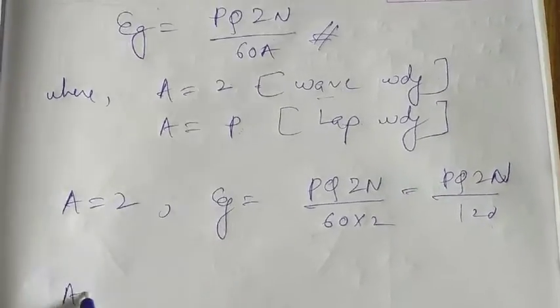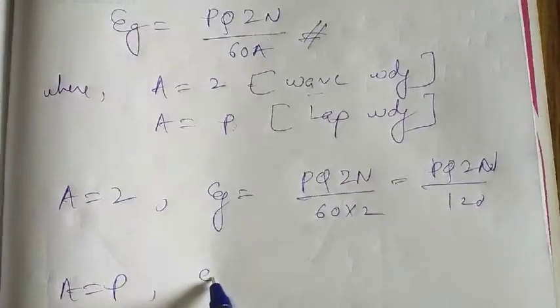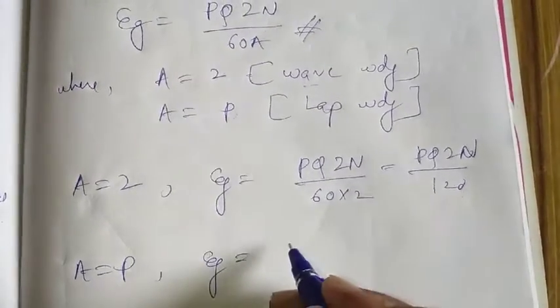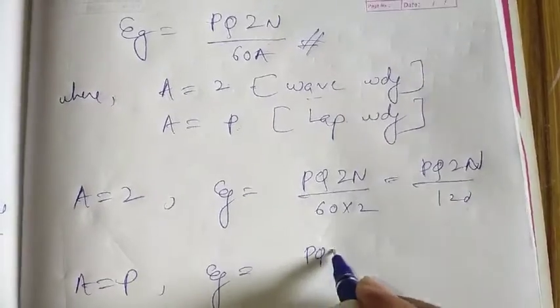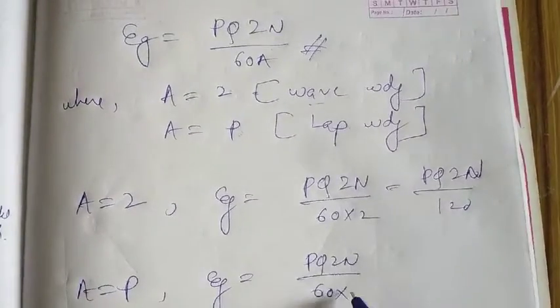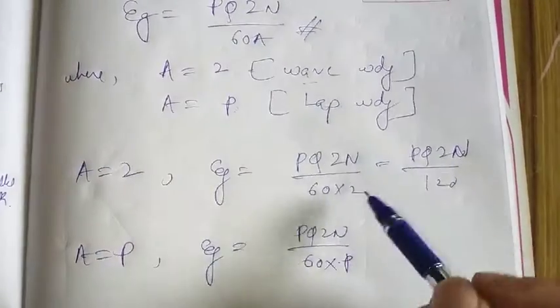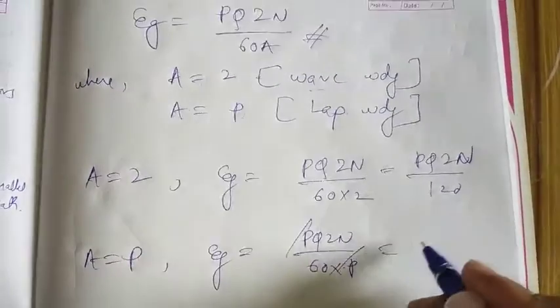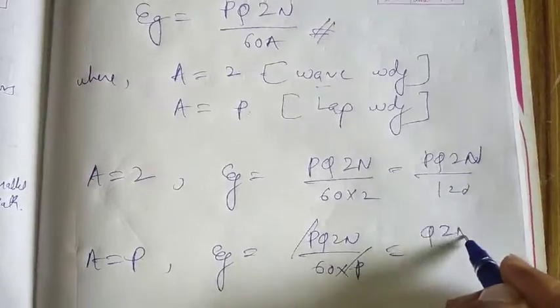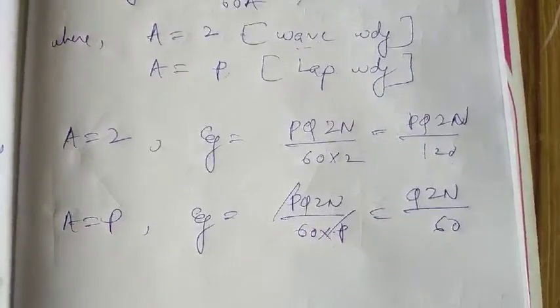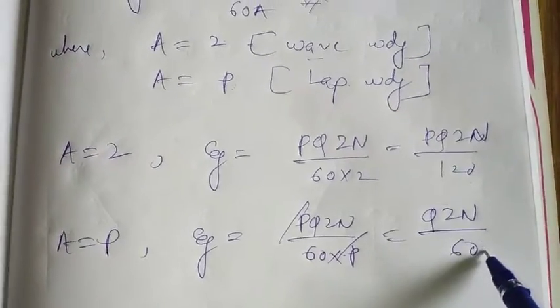And what happens if A is equal to P? Then the EMF of the generator will be equal to P phi Z N by 60 into A, which is P. Instead of A, substitute P, so P will get cancelled. So you will get phi Z N by 60 if it is lap winding.